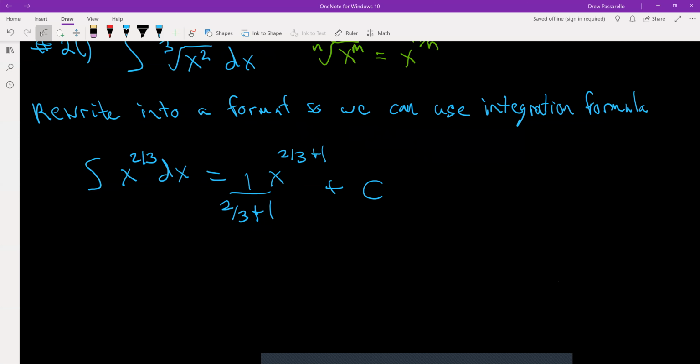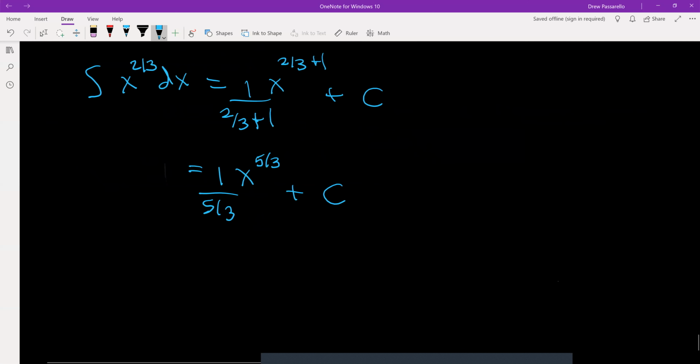Well, 1 is the same thing as 3 over 3, so you're doing 2/3 plus 3 over 3, which is 5/3. Then you're doing 1 divided by 5/3, and the reciprocal is 3/5.